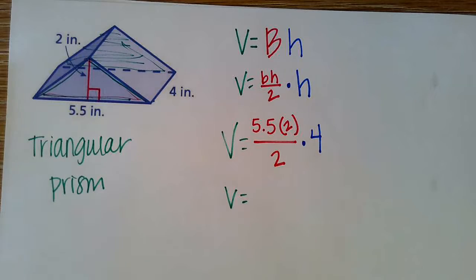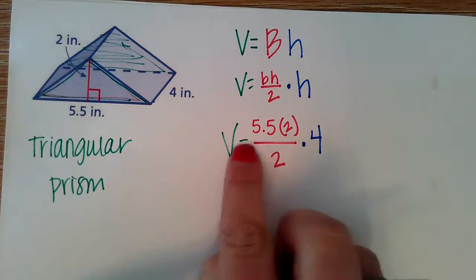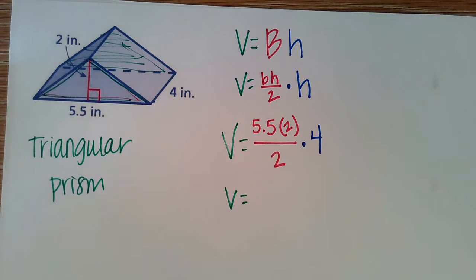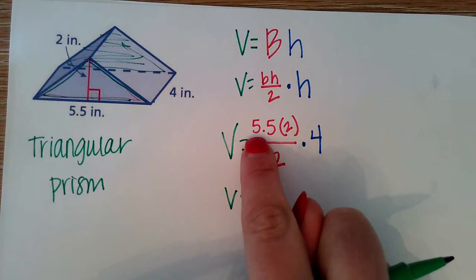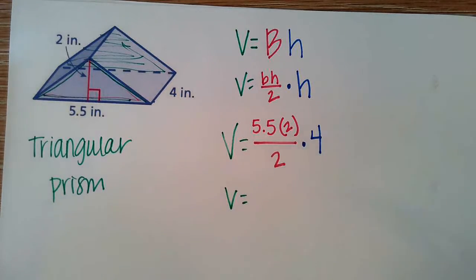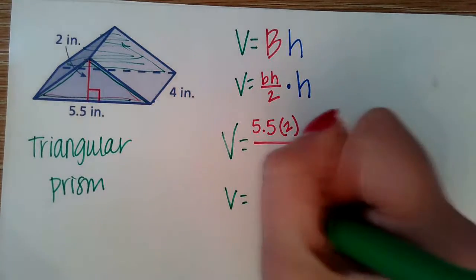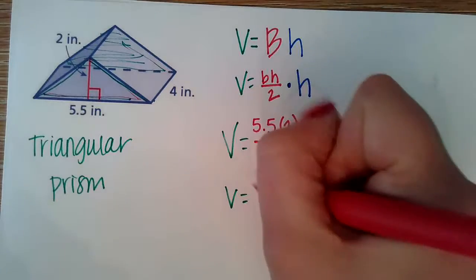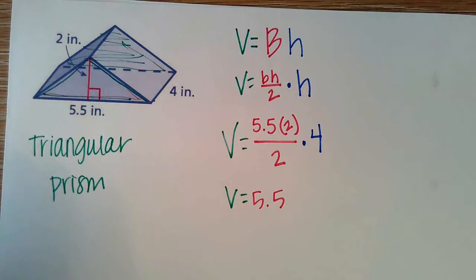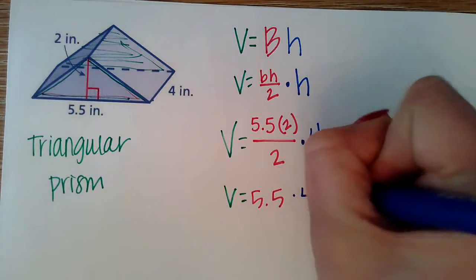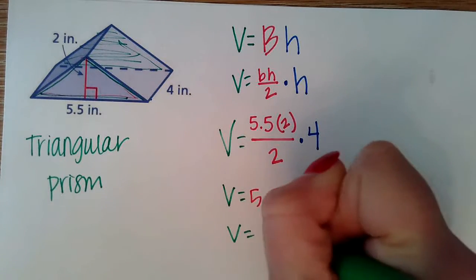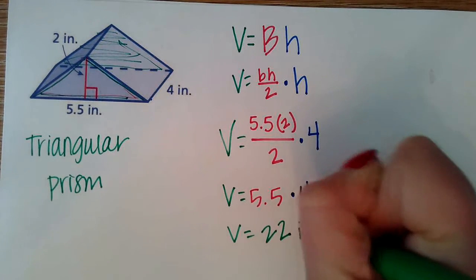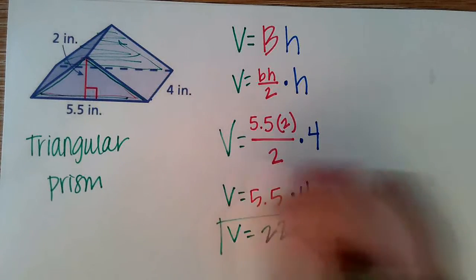I know that if I'm multiplying by 2 and dividing by 2, that does cancel out, but that's not always going to happen. So I will check my work, do 5.5 times 2, divide by 2, getting me this time 5.5. Again, that's not always going to be the case, so you do want to go ahead and check your work. And once I multiply all that together, I will get 22 inches cubed.